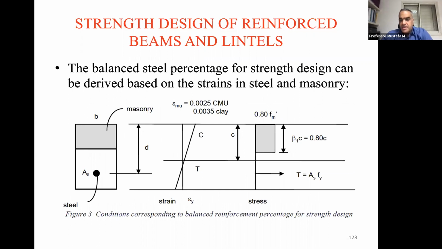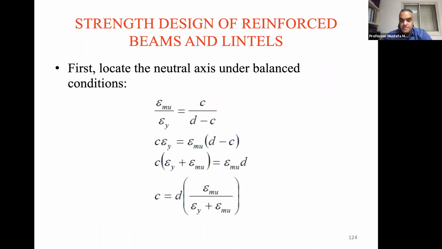Now, the same thing here, we have a balance condition. For the balance condition, we just assume that the strain in the masonry has reached, at the same time, the yield strain in the reinforcement. So we can use that, and then we can determine the balanced condition.